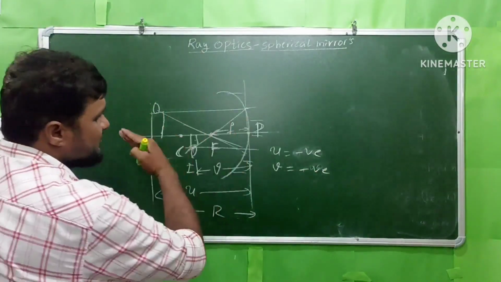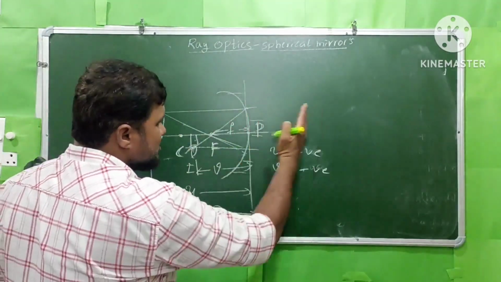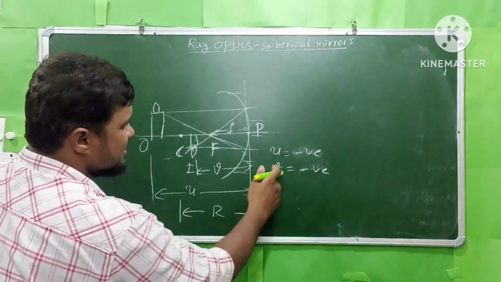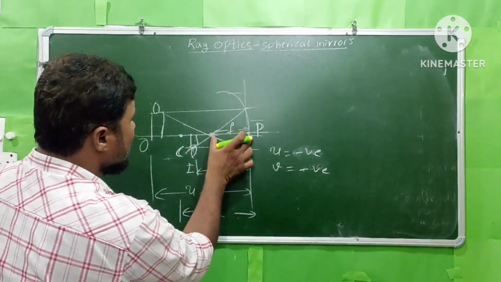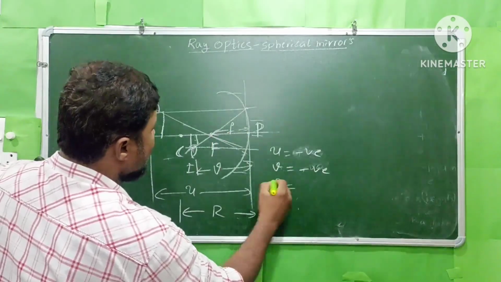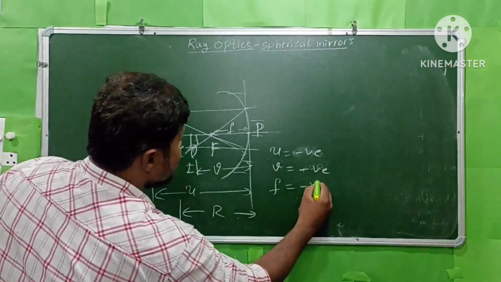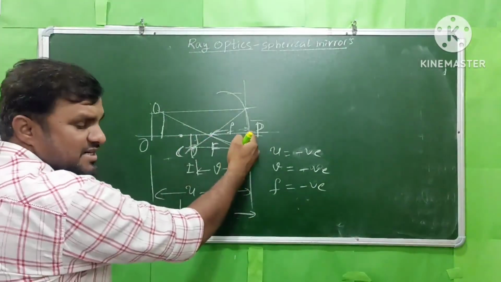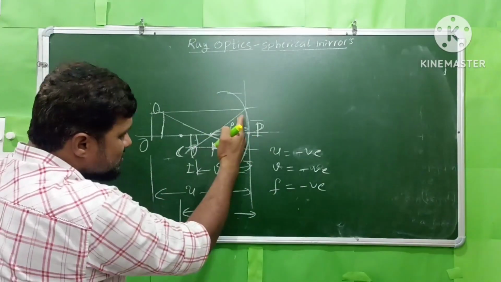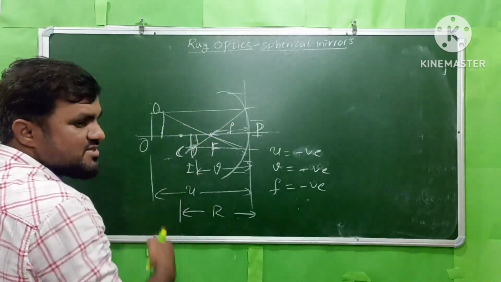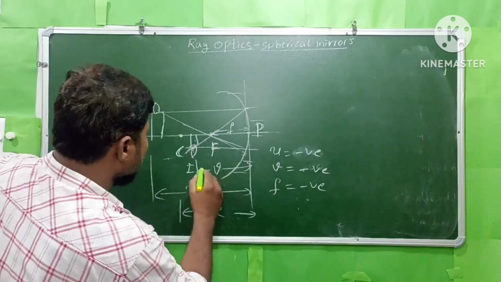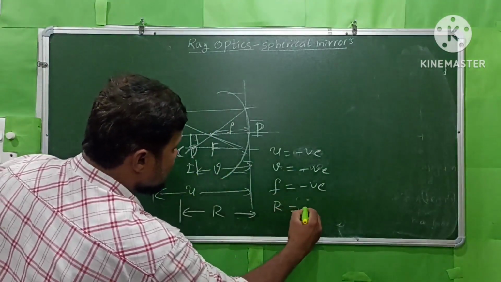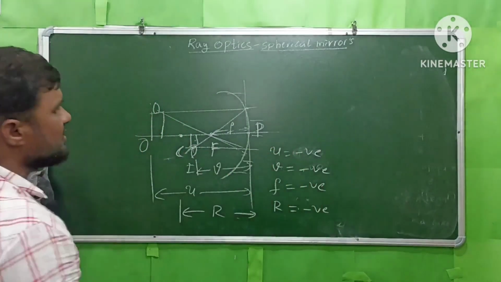Because right side all positive, left side all negative. If you observe focal length, small f is also taken as negative. Why? Because left side only. Opposite to the direction of ray propagation, distances are measured, so negative. Radius of curvature is also negative. These are all negative.